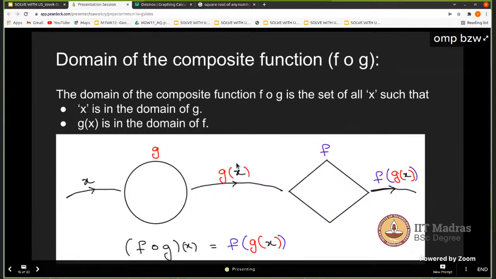Is this particular g of x a real number? As it is coming out from a function, we know that every function gives a real output. Right. Now this g of x is real and the domain of f is real. So whatever this g of x comes out as will go into this function f. That means whatever x comes into g will come out as g of x, go into f, and come out as f of g of x.